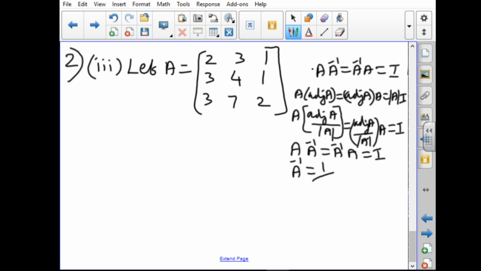A inverse is equal to 1 by determinant of A into adj A.